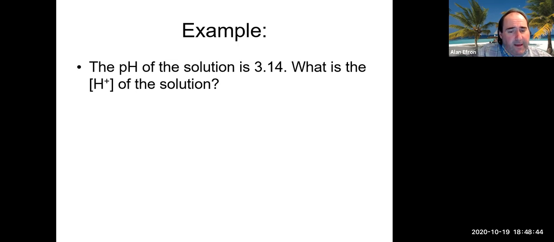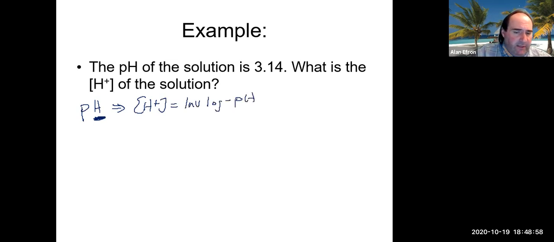So remember that when we are given the pH, in the name, it tells you what you could get from it. You could get the H plus concentration, and that is the inverse log of the minus pH. So when you do that on your calculator, usually you will punch in a 10 and a caret, negative 3.14, which will get you 7.2 times 10 to the minus 4.